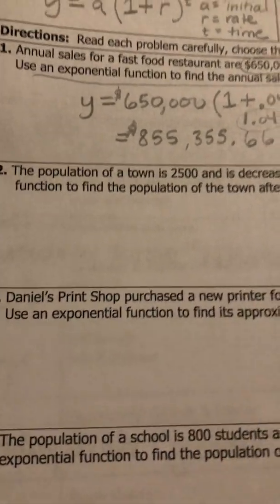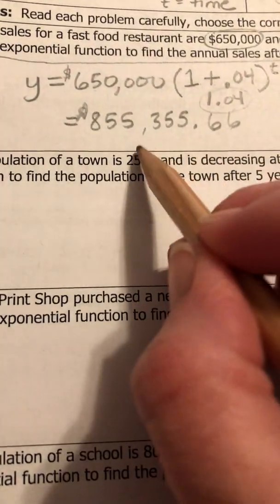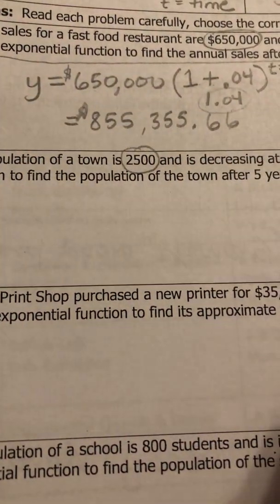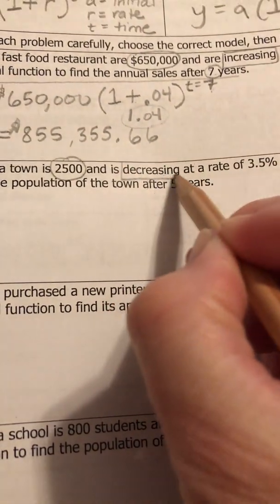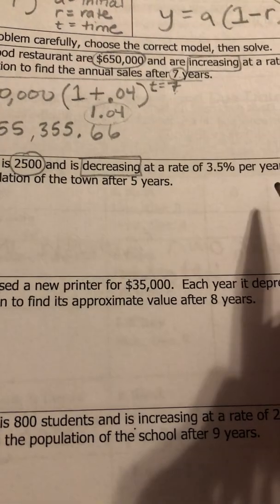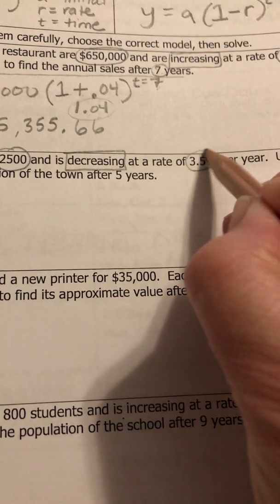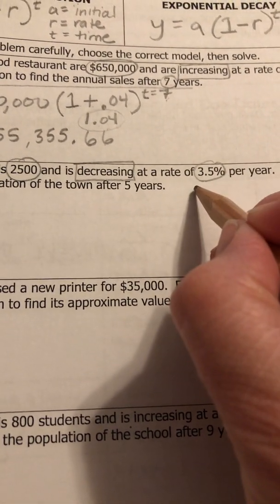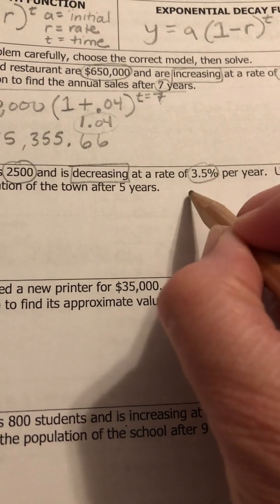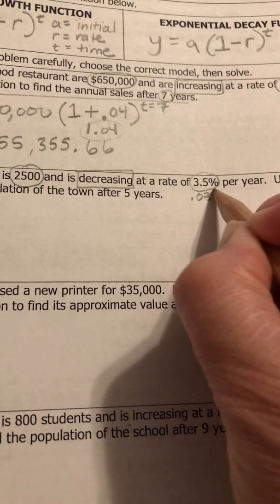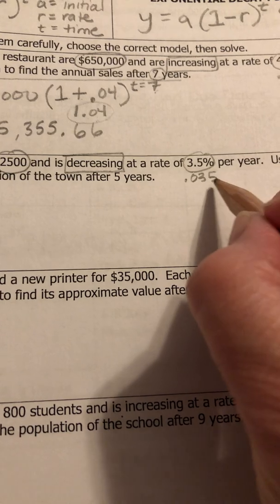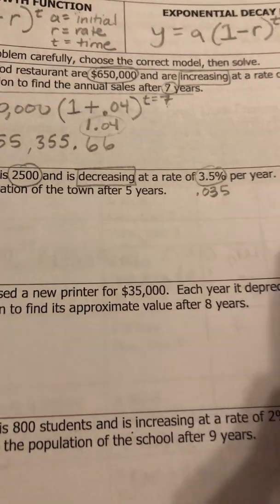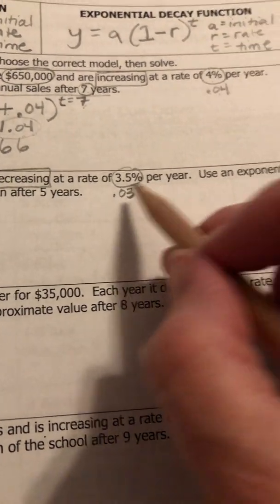The population of a town is 2,500 and is decreasing. So I'm going to put that in a box at a rate of 3.5. And I'm going to go ahead because I know it's percent, I already know that I'm going to have to put it in decimal form. Hopefully you were there for class and realized why per year.